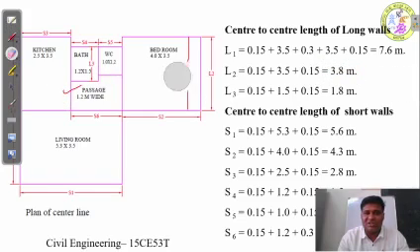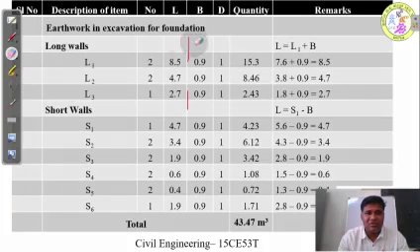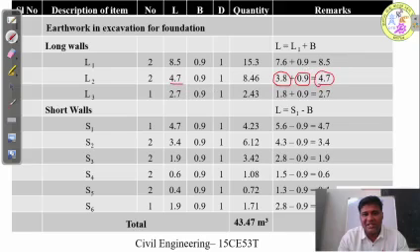Since the cross section of the foundation is the same, I am going to take the same breadth for foundation, that is 3.8 plus 0.9 will give me the length of the long wall for L2, that is 4.7. This 4.7 will be written here, and there are two numbers of L2. The width of excavation is 0.9 meter and the depth is 1 meter. So 2 into 4.7 into 0.9 into 1 will give me the quantity 8.46.